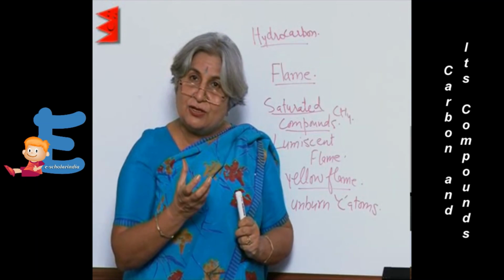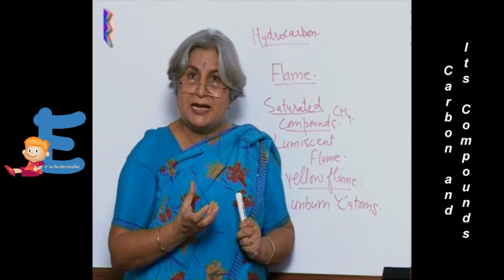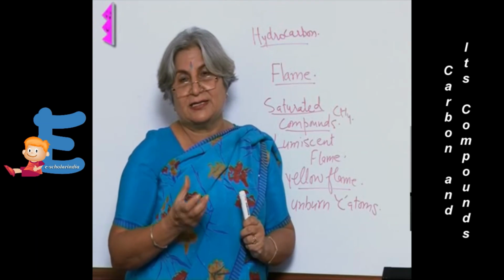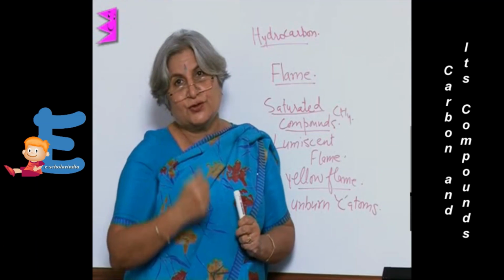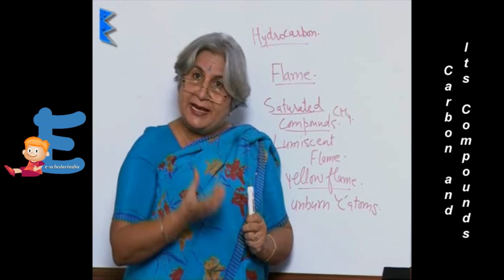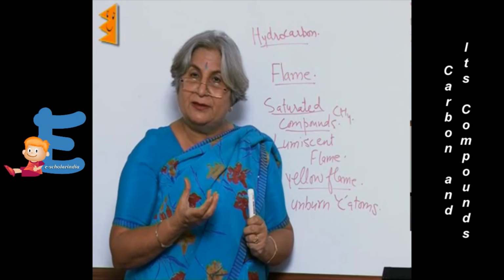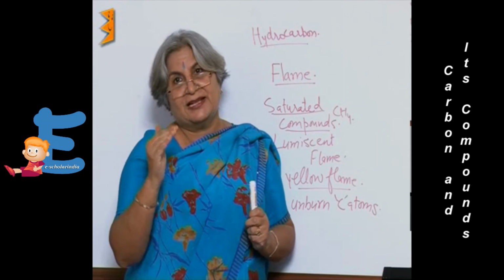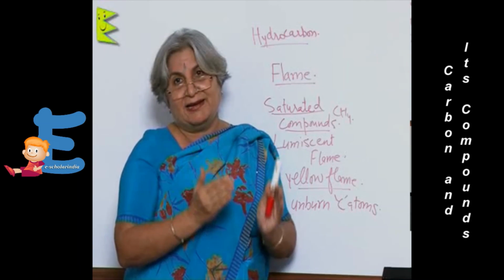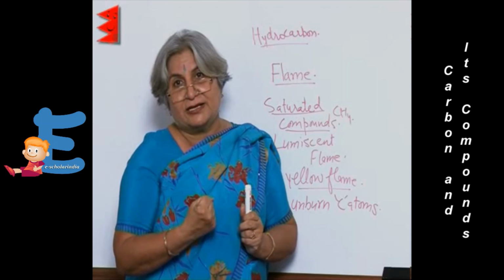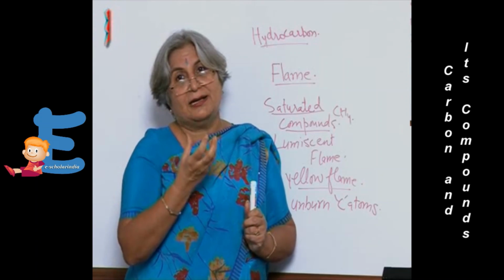In that case also, because vegetable oil has unsaturated fats, there will be production of soot. But in the case of saturated fats, like a diya of pure ghee in your temple, no soot is produced. That is why in India we generally prefer a diya of pure ghee, because it is a saturated fat and it will form a clear flame.